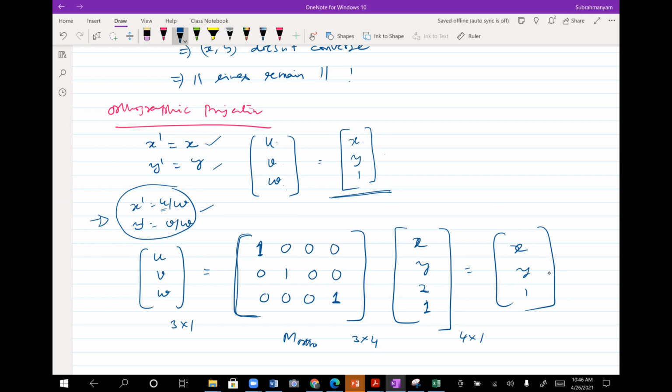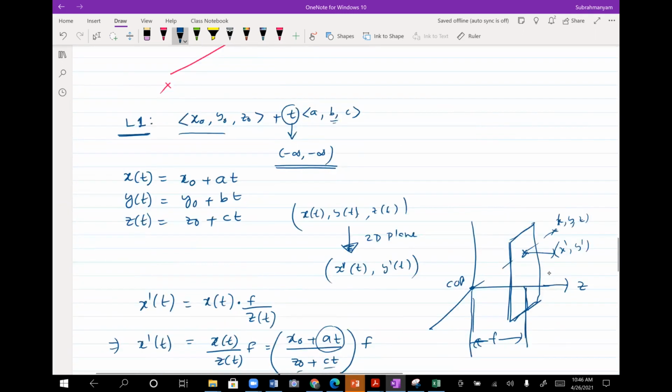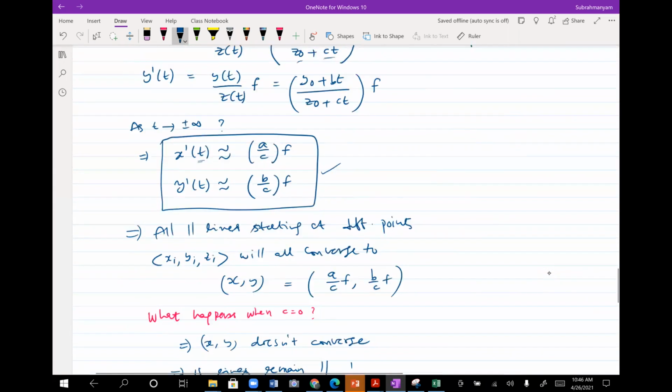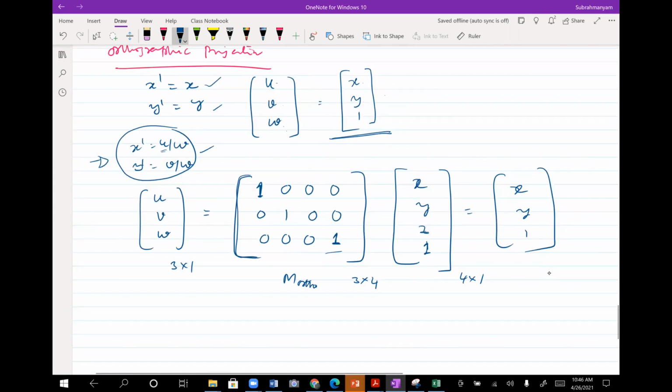Now, it should tell you why I have here introduced an additional column, despite that was not required in perspective projection. With the same 3 by 4 matrix, now I could represent orthographic projection also. For orthographic projection, this whole thing has nothing to do with XYZ. In fact, when I am multiplying with that, in order to get 1 here, this 1 is required and this element is there.